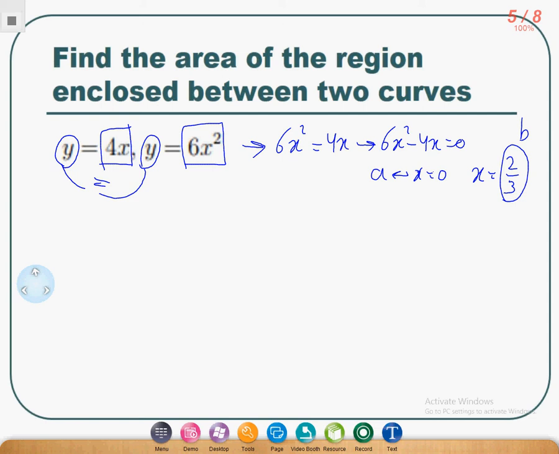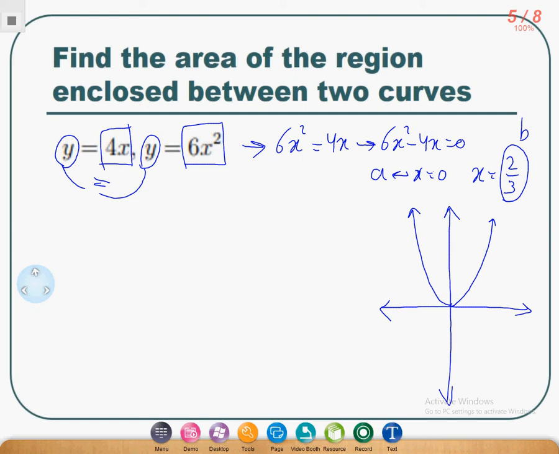What about the upper and lower functions? Start to graph by table, or any way. You were taught before many ways for graphing any function. For 6x squared, it will be a quadratic function and the shape will be like a U, open upward. So I will do it this way. For 4x, it's a function of degree 1, so it will be a straight line.